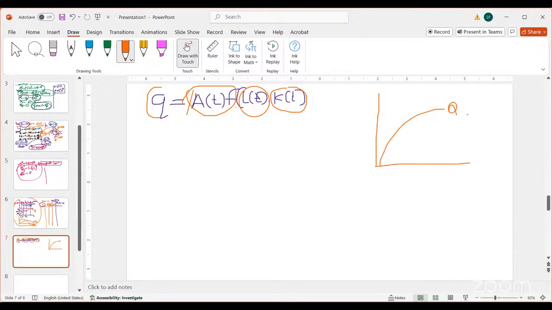Now, economic growth, this is the macro picture, means this production function shifts a little bit up. So this shift is due to technological improvement.